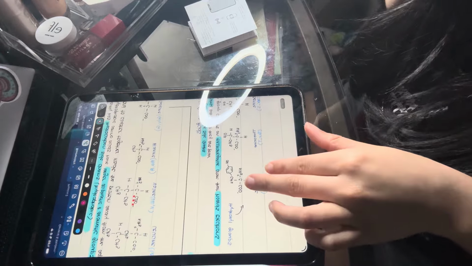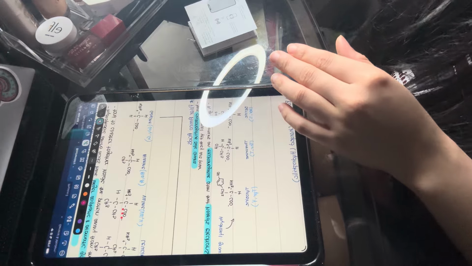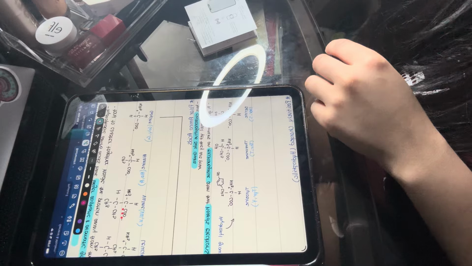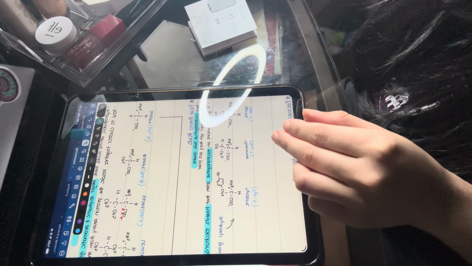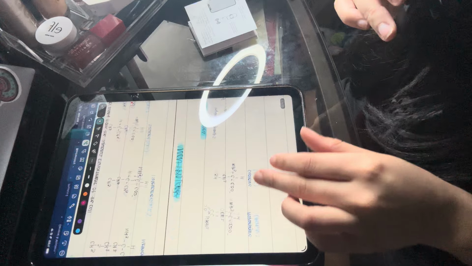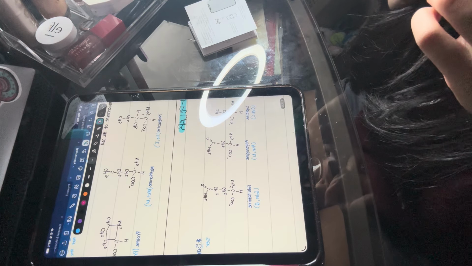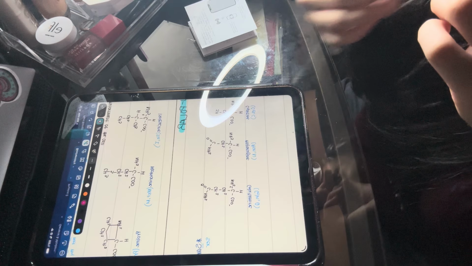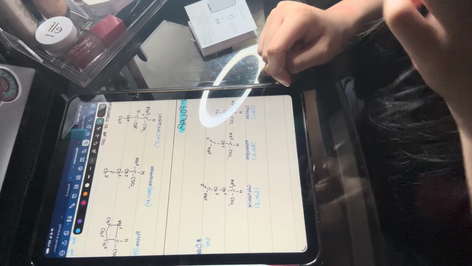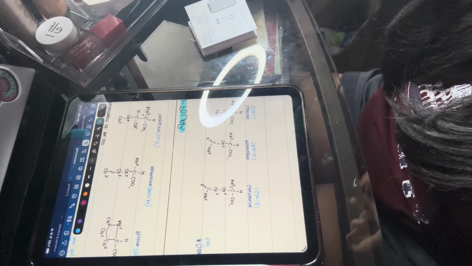The OH groups on these three amino acids are hydroxyl groups. The other three are cysteine, then asparagine, then glutamine.